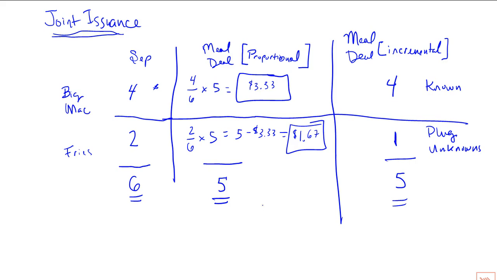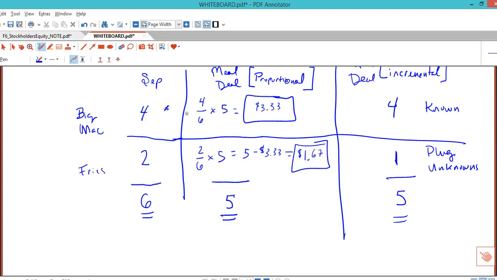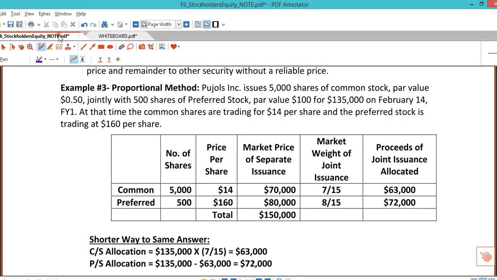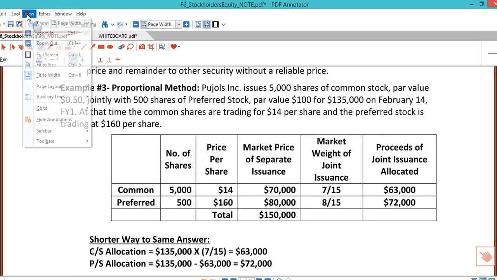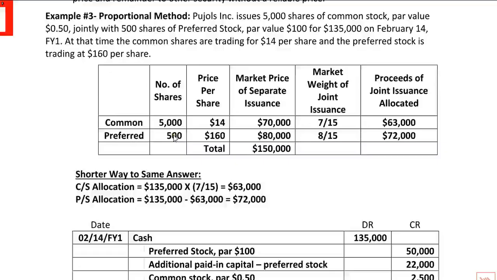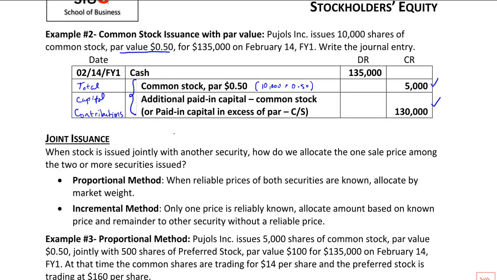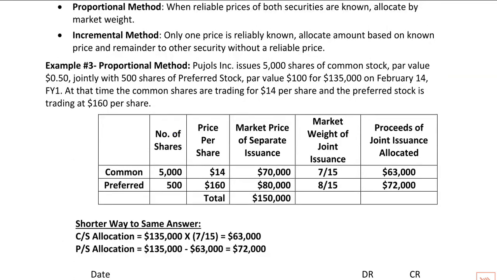This is the question. When we have one price for both in a bundle, how are we going to separate or allocate those out? Okay, so let's go back over here to our example. This is going to do the same thing, just with accounting names. So here there's a joint issuance, and it's $135,000.